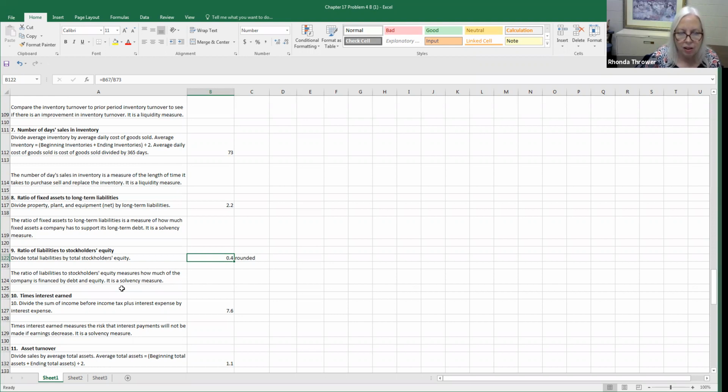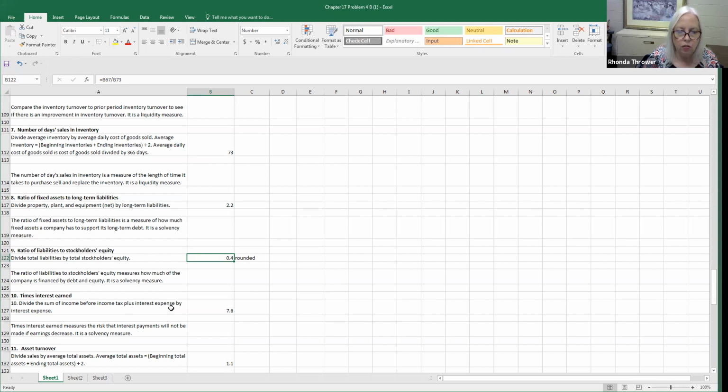The last ratio that we're going to look at is what we call times interest earned. It too is a solvency ratio. And to find the times interest earned, what you need to know is the sum of the income before income taxes, plus you're going to add to it the interest expense.